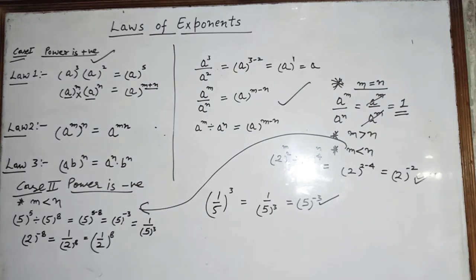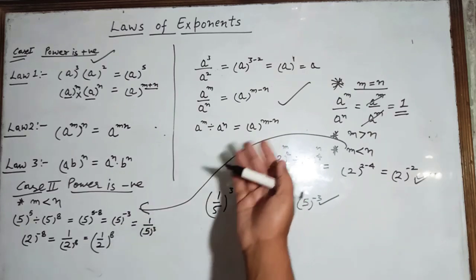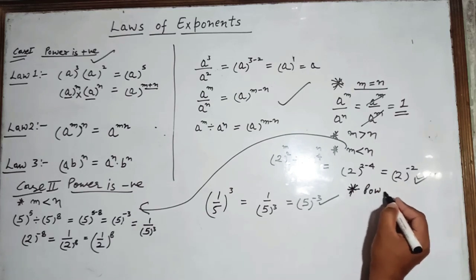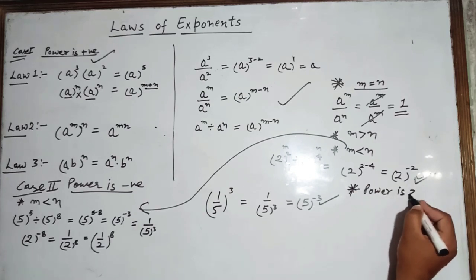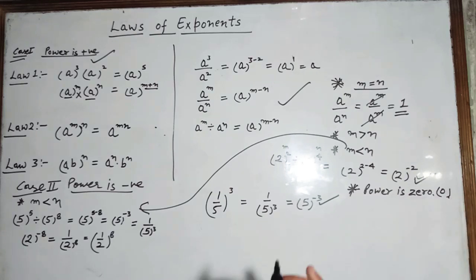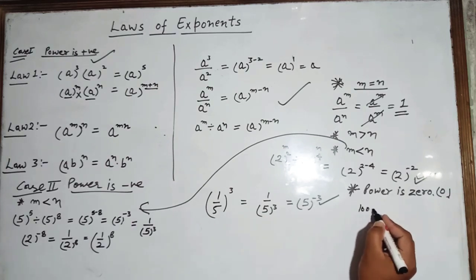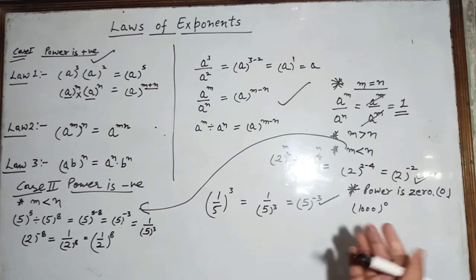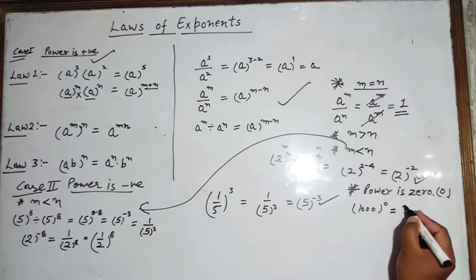One more case is when the power is 0. These are some special cases in this: if the power is 0, then what will be the value? See, always remember, if any number is like 100 or 1000 to the power 0, then whenever any number has power 0, its value will always be 1.